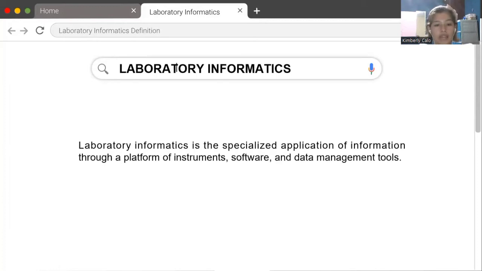So when we say laboratory informatics, it is the specialized application of information through a platform of instruments, software, and data management tools. So these instruments, software, and data management tools allow us to work with scientific data.